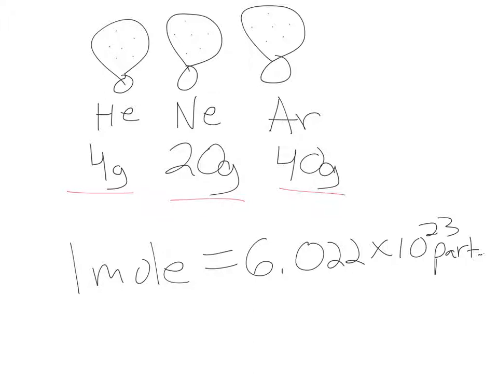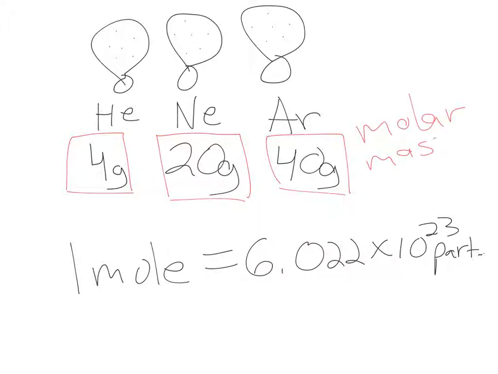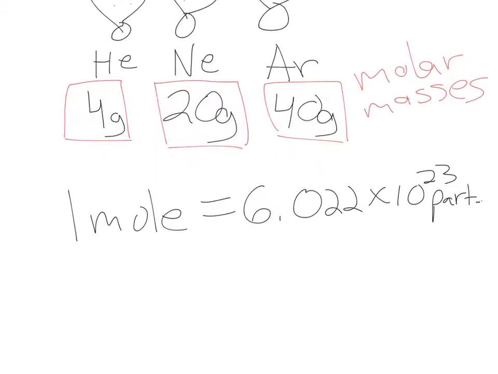We will call these guys here, these are going to be known as molar masses. The mass of 1 mole of particles. And we'll use it to do some converting.